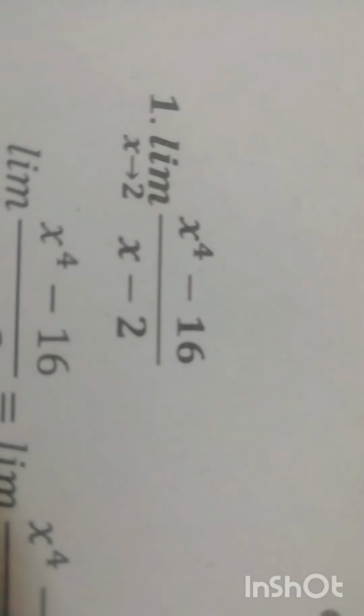Now we can discuss the forms of these problems. See exercise 9.2, sum number 1. They gave the limit as x tends to 2 of (x^4 minus 16) divided by (x minus 2).